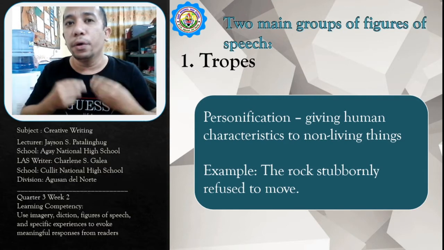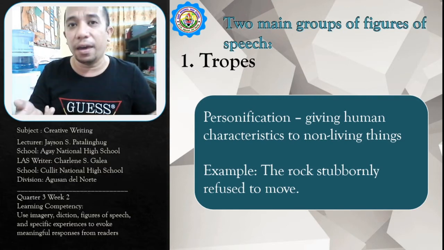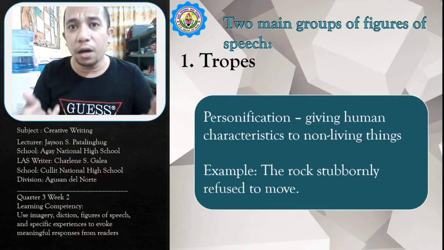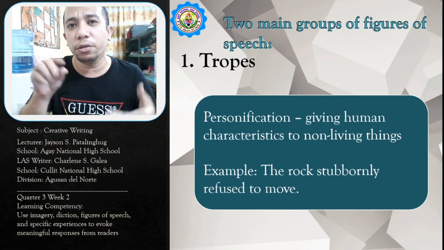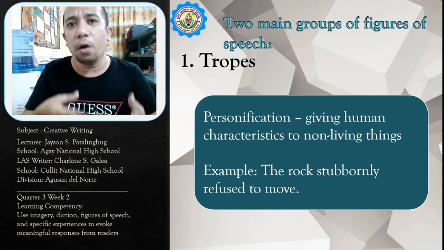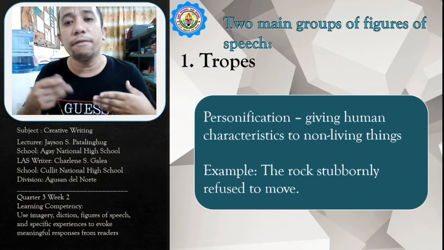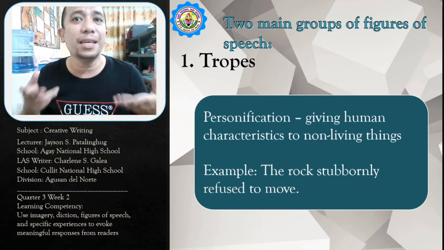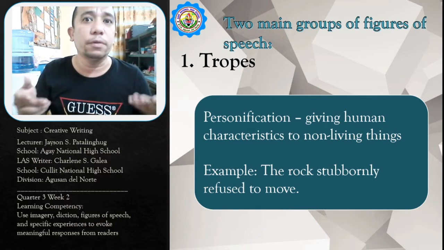The word rock is a non-living thing, but you describe the rock as if it is a human, saying it stubbornly refused to move. That's a characteristic of a human.